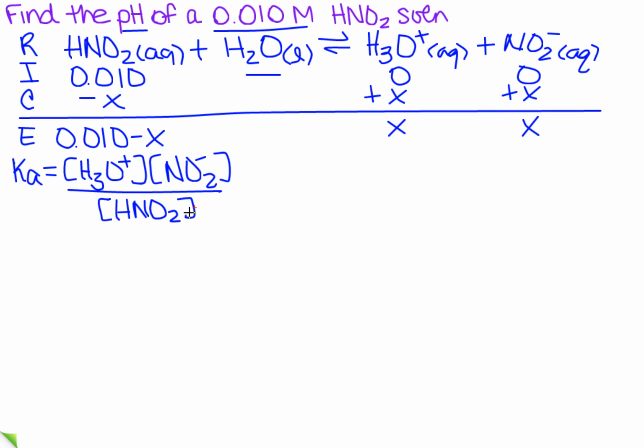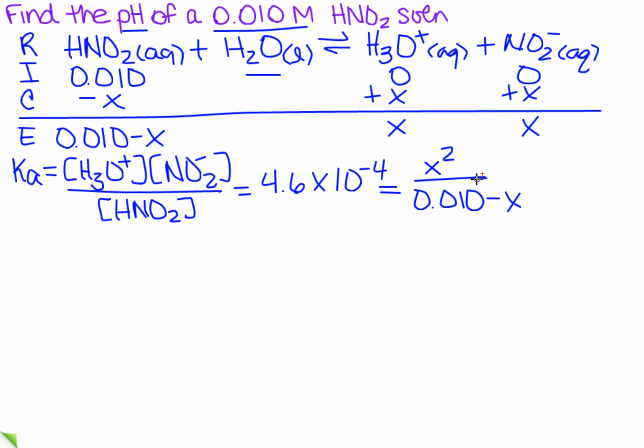So when I get that from the table in my book, I got 4.6 times 10 to the minus fourth. And now I'm going to put my variables. So I've got an x and an x, so I've got x squared over 0.010 minus x.